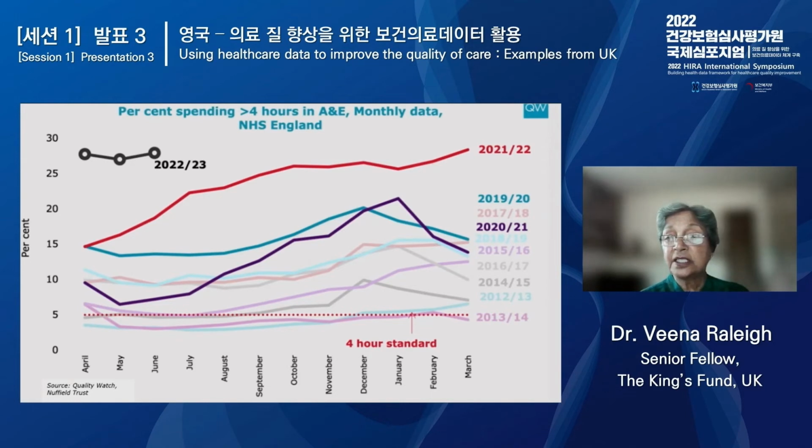And you can see that in 2021-22, as a result of the pandemic, and this year, 2022-23, waiting times in emergency departments have really gone up a lot compared with previous years, and they're continuing to go up. Next slide, please.